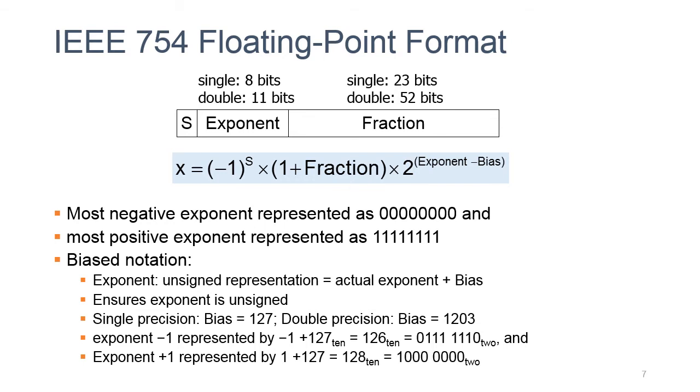So IEEE 754 uses a bias of 127 for single precision.